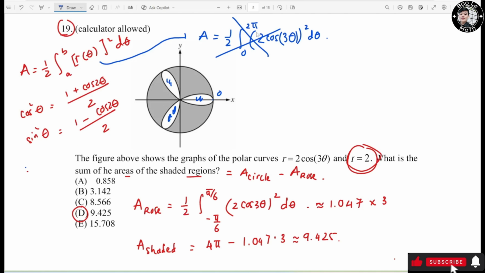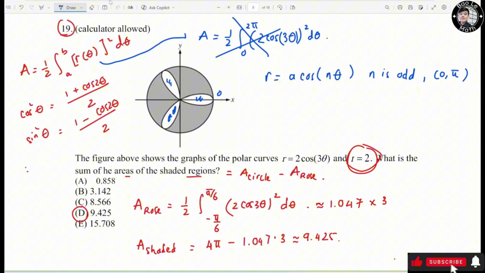If you integrate from 0 to 2 pi, you are technically calculating the area of the rose twice. This is why for any rose r equals a cosine of n theta, where n is odd, we use the interval 0 to pi to capture the area exactly once.